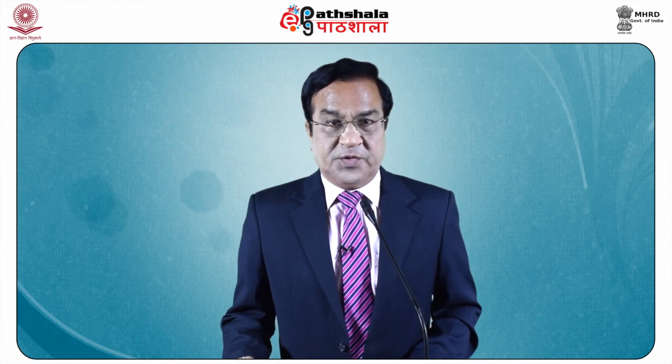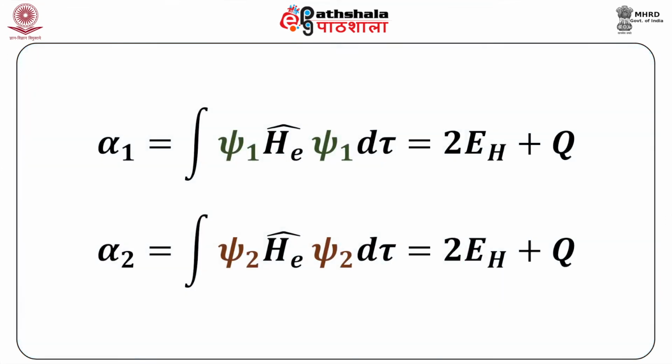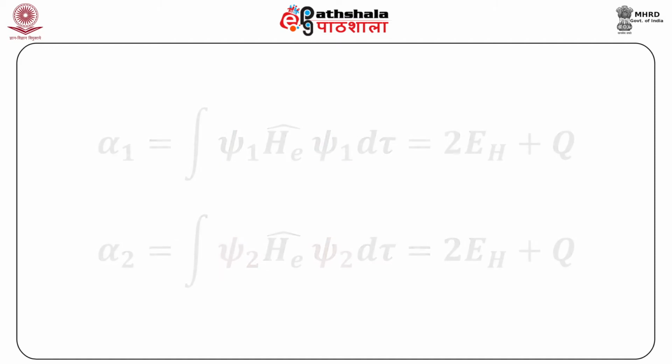Here, alpha 1 is integral psi 1 He cap psi 1 d tau, and this, as shown in the earlier module, is equal to 2Eh plus Q. Similarly, alpha 2 was also shown to be equal to 2Eh plus Q.